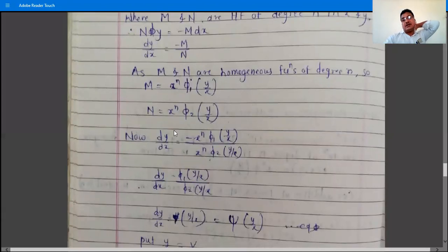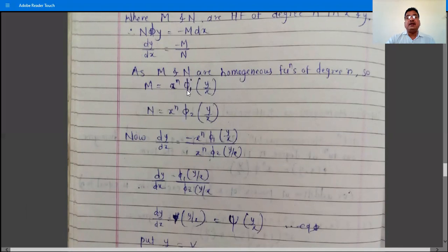We have x raised to n in both M and N, but we have different functions. We have some function of y by x here and some function of y by x there, but these two functions may not be equal.